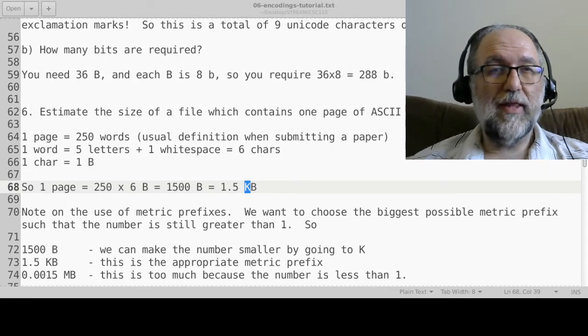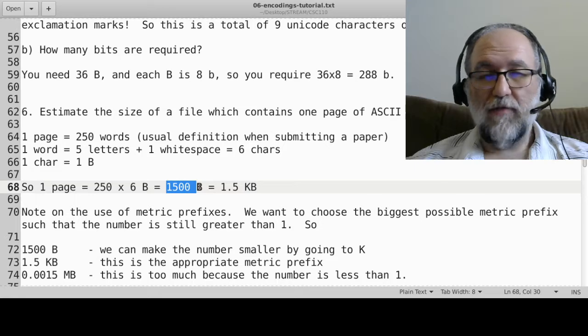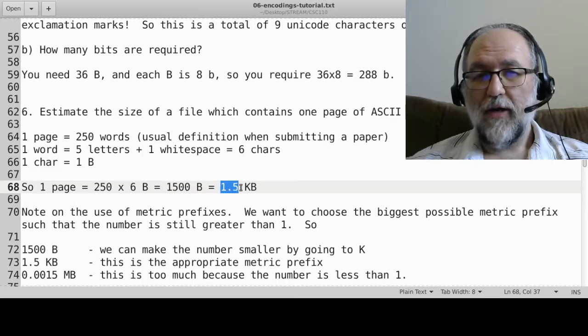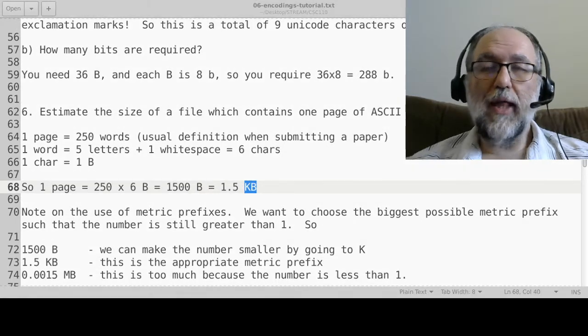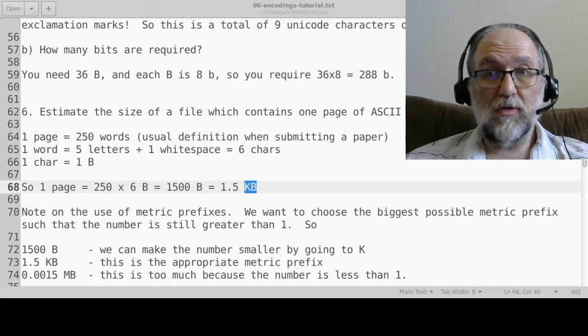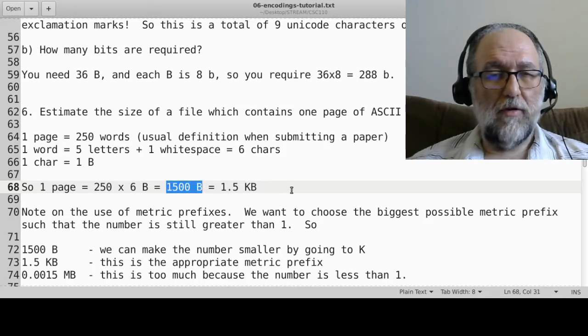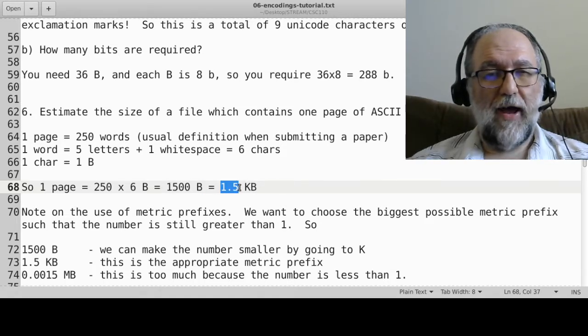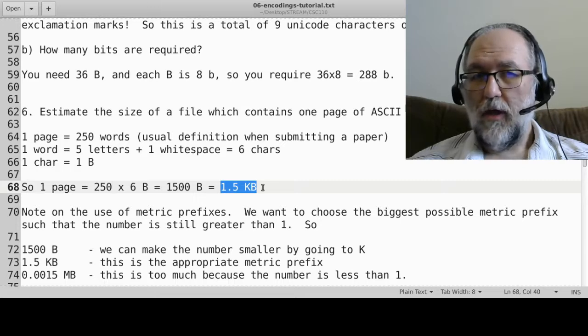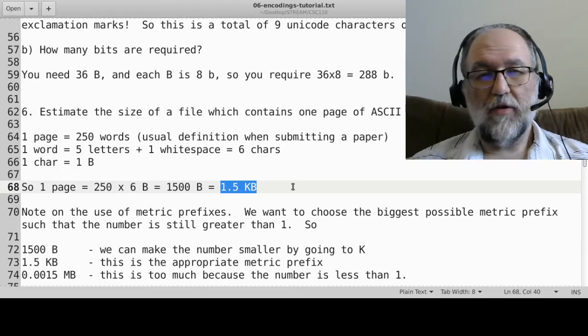So if you have 1,500 bytes, divide that by 1,000, 1.5 kilobytes. That K there, you can even read it as 1,000, because that's really what it means. So here on this side we would say 1,500 bytes. Here we would say 1.5 thousand bytes, and 1.5 thousand is 1,500 bytes.